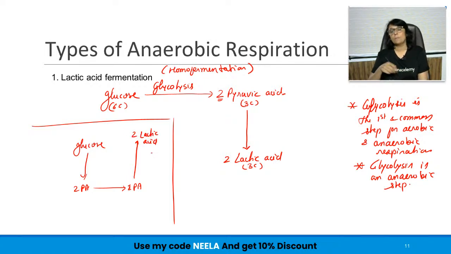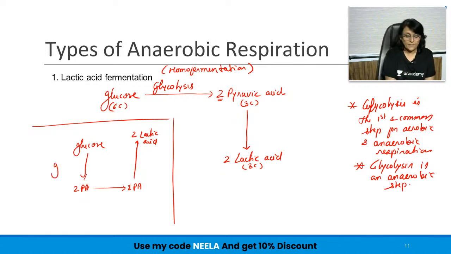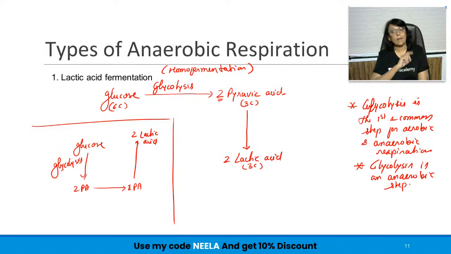Only the way of representation is different. This step is glycolysis. Now in glycolysis, if you have studied that, NAD gets converted into NADH2. It is not NADP. NADP is used in photosynthesis.